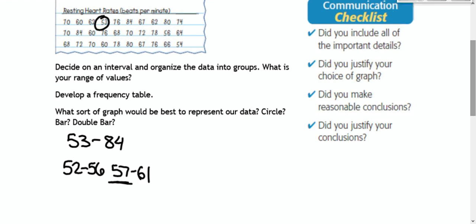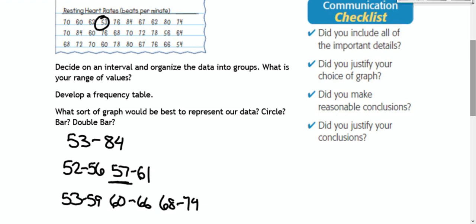So let's try that again. Let's maybe go 53 to 59. Yeah, that's not bad. So then 60 to 66. Yeah, but then that leaves us with this weird kind of overlap here. So I don't necessarily love that either. So let's think again here.